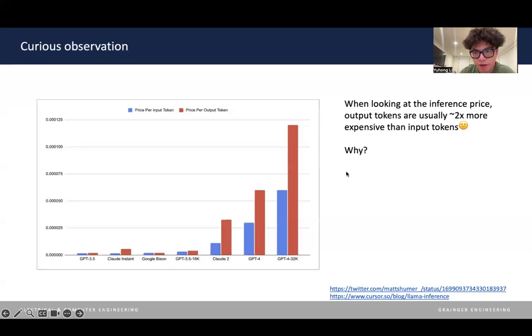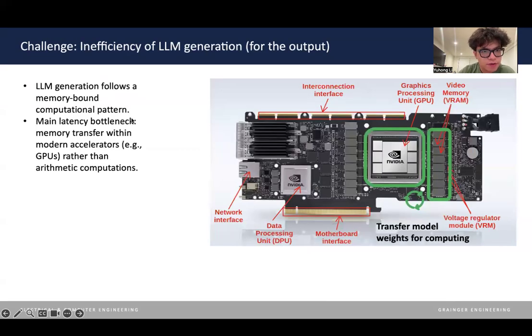But why? The reason is that inference, which is generation one token at a time, follows a memory bound computational pattern, specifically memory bandwidth bound.